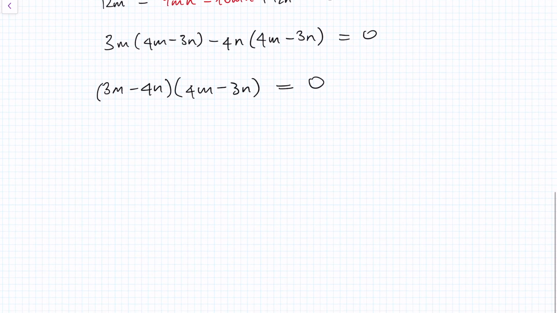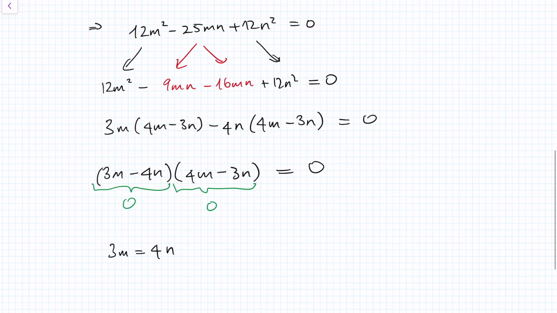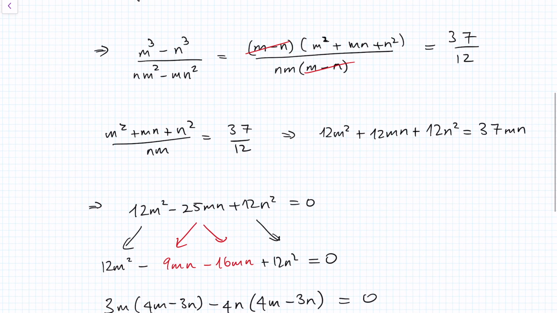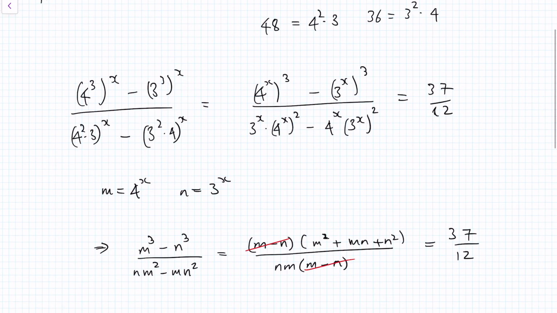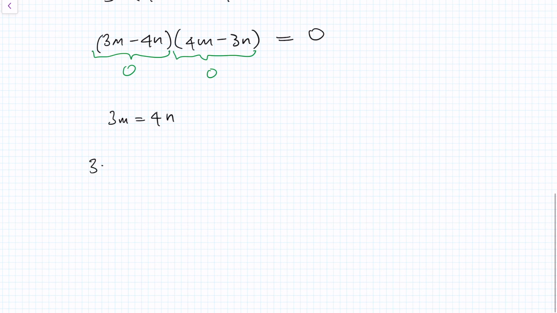Okay, so that means either this is 0 or that is 0. So if we solve the first one, we have 3m is equal to 4n. But if you remember the definitions of m and n, we let m be 4 to the power of x, so we have 3 times 4 to the power of x is equal to 4n, and n was 3 to the power of x.